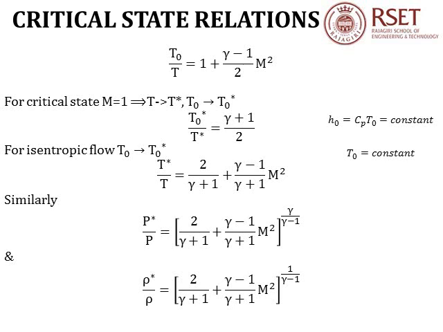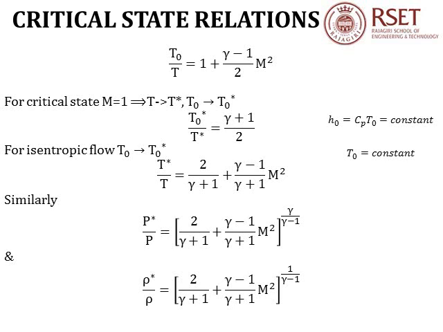We know that the static temperature and stagnation temperature are related by the equation shown in the first slide. That is T0 divided by T is equal to 1 plus (gamma minus 1) by 2 M squared.